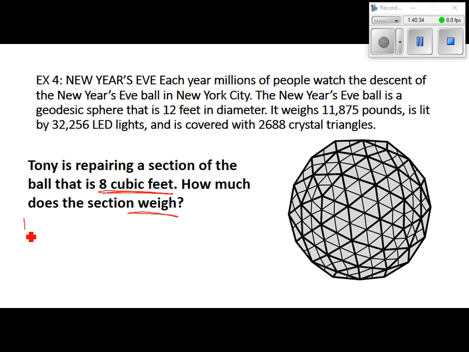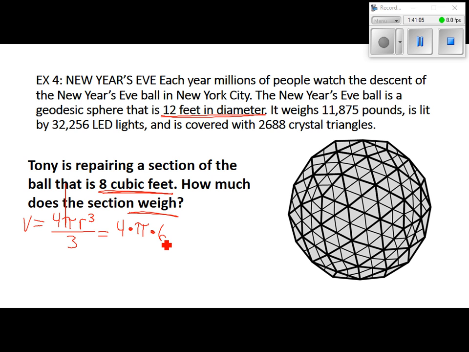So if we're dealing with volume, we look back in our notes at the formula for volume of a sphere, and I said you could write it this way, it might make it a little easier: 4 times pi times radius cubed divided by 3. So if we plug in here, it's 4 times pi times the radius. Well, the radius again, they tell us the diameter, but we want the radius.